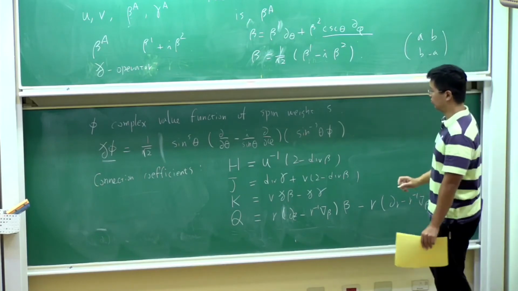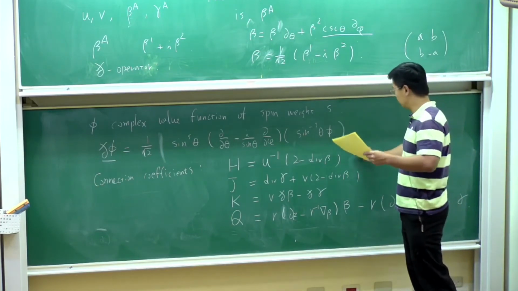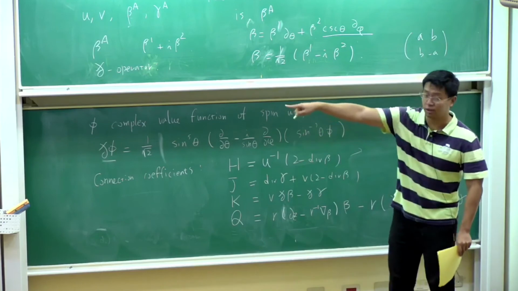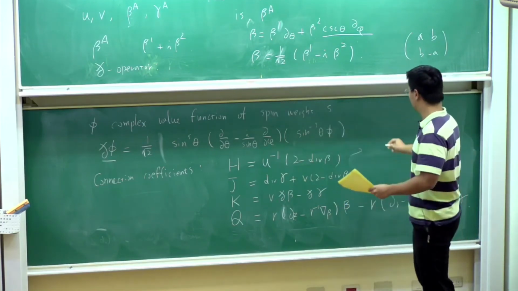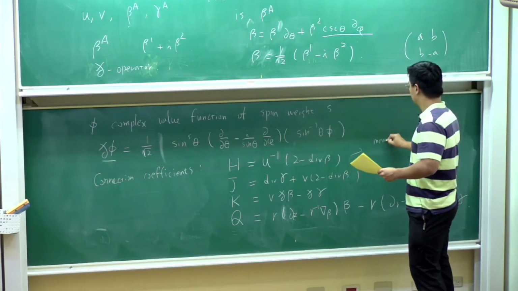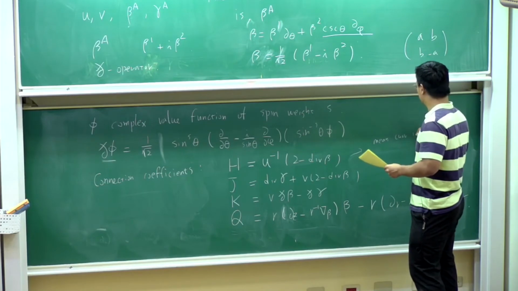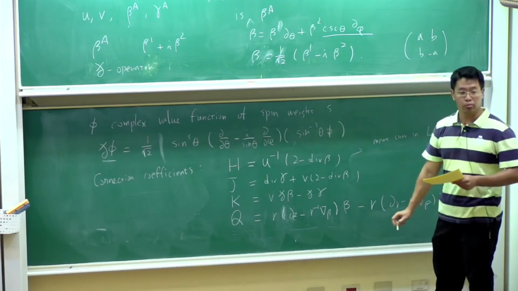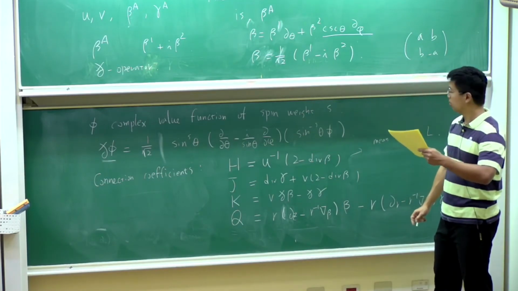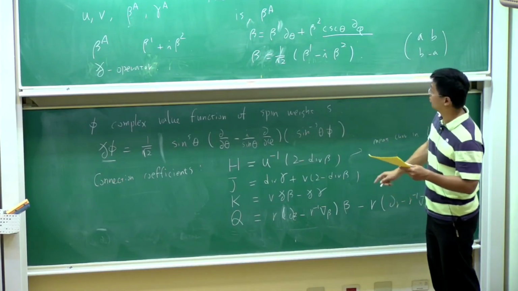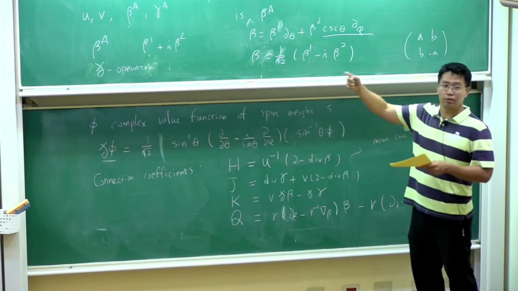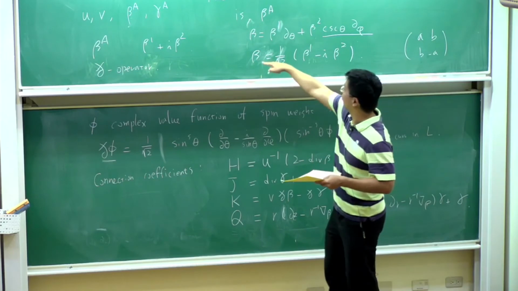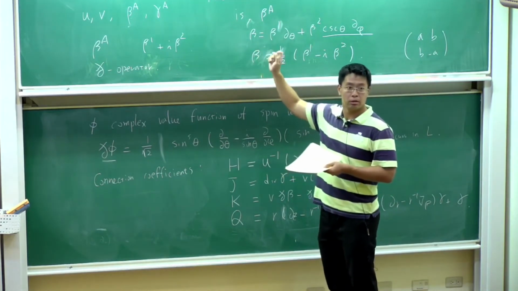So connection coefficients. If we come back to that picture, this one is the mean curvature in the direction L. And the second one, the trace part of the second fundamental form, as we said before, is S of beta.